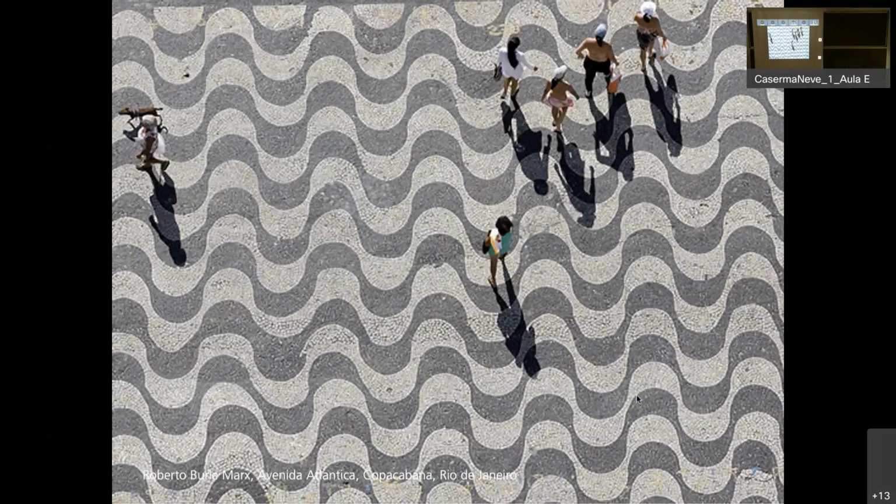It stems from the typical pattern of white and black Portuguese stone that was used in Portugal, in Lisbon, for example, and then was also used in Brazil, and that Burle Marx interpreted at a different scale in the promenade of Copacabana Beach. And this is a very typical way of treating the ground.